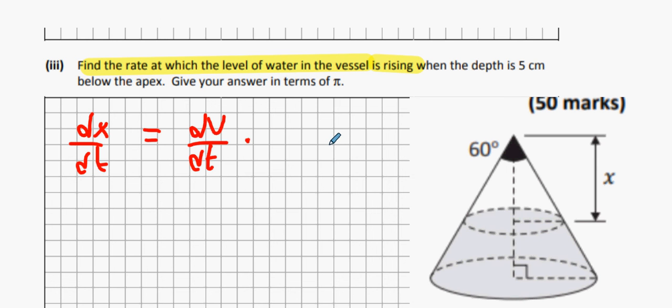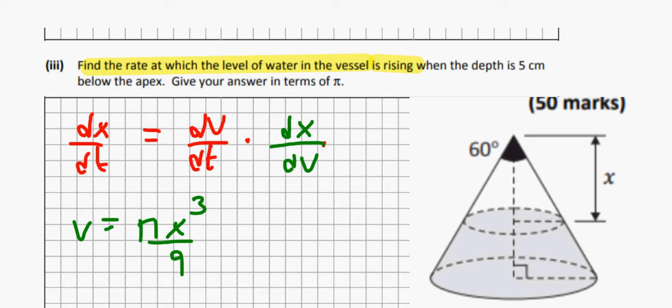Okay. What 2 letters do I need here to make this work? What cancels the dV on top? A dV on the bottom. And what do I want? I don't want to cancel the d, do I? So what do I want? A dx. Now, we have V in terms of x, don't we? We have V is pi x cubed over 9.